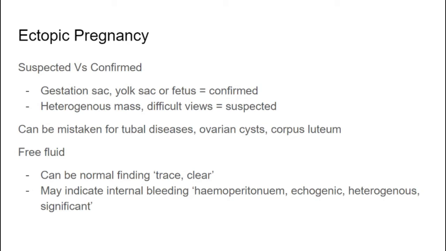It might be described as echogenic, so it's showing up with bright white echoes, or heterogeneous, there's mixed echoes in there. This is representing clots within the abdomen. And it may be described as significant, so that's where they've measured it, and it's a large amount of fluid. So you might have significant echogenic fluid noted, and what the sonographer is trying to tell you is, I think there's blood in this abdomen.